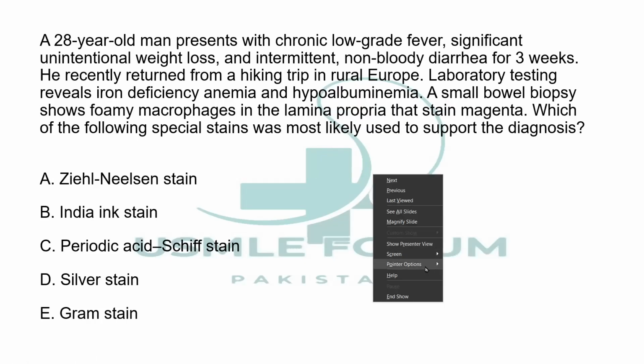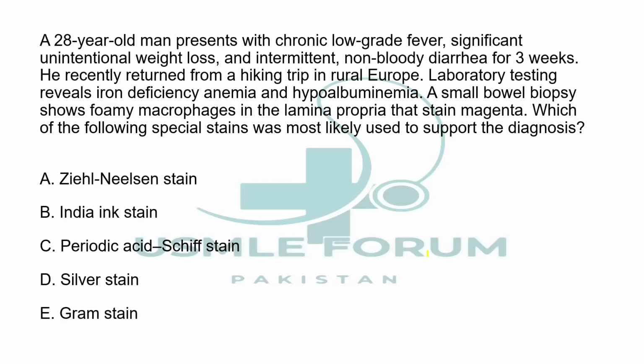So I'm going to highlight the important clues and you have to solve this question on yourself first, okay? There's a 28-year-old man who presents with chronic low-grade fever and unintentional weight loss, and intermittent non-bloody diarrhea for 3 weeks. He returned from a hiking trip from rural Europe.